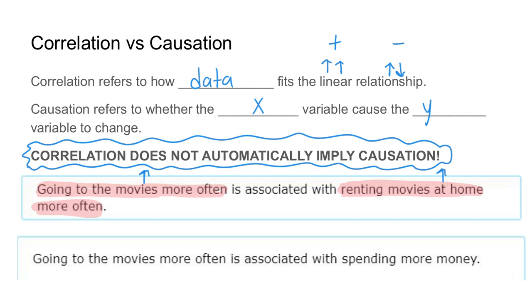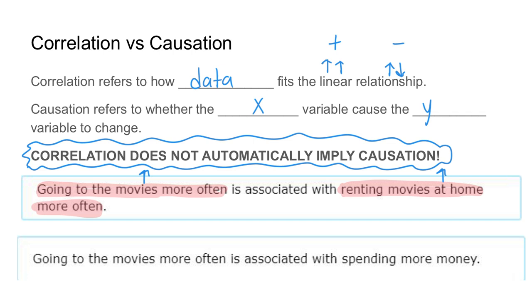So if you enjoy going to the movies, you probably also enjoy renting movies at home because you're a movie person. But going to the movies does not cause you to rent movies at home. Okay? So there's not going to be a causation situation here. There may be correlation, but not causation.